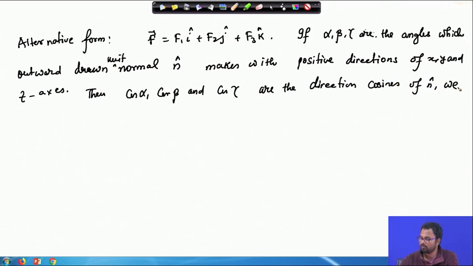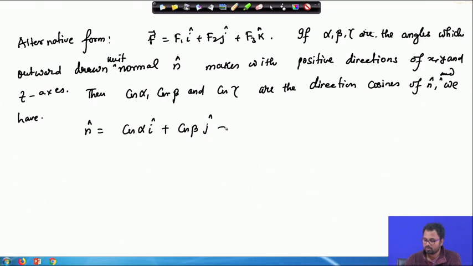and we have our n as cos alpha i plus cos beta j plus cos gamma k. So, we can write our n in this fashion.